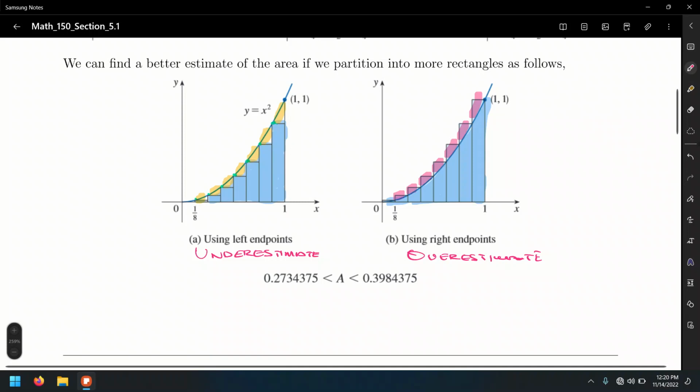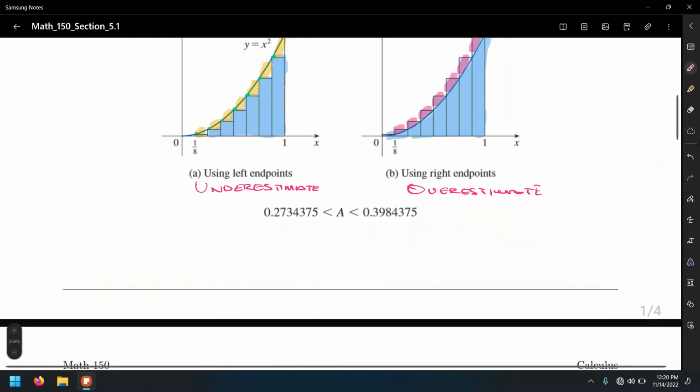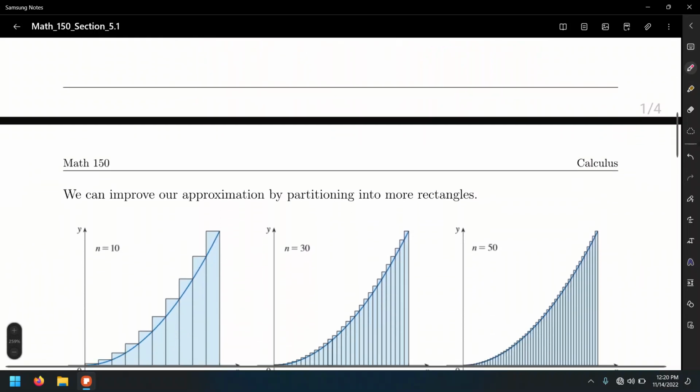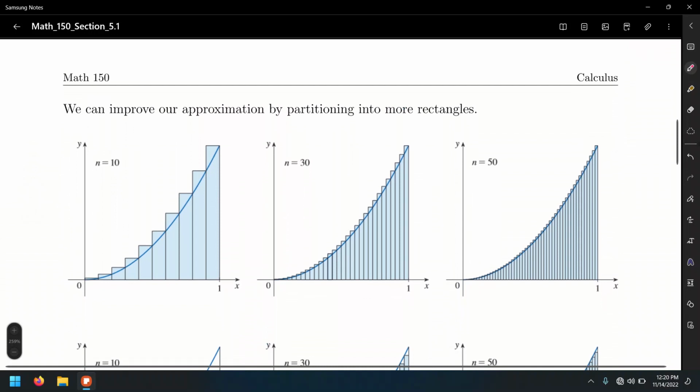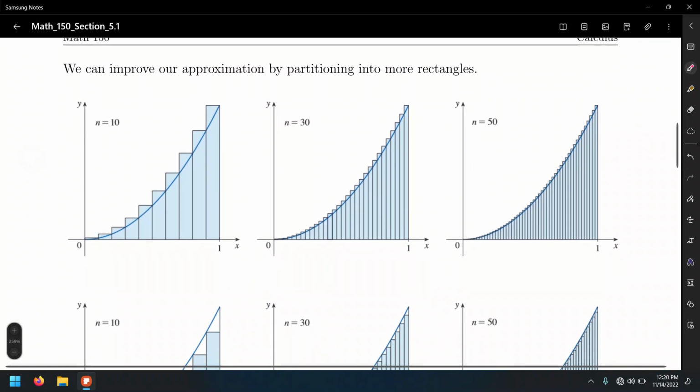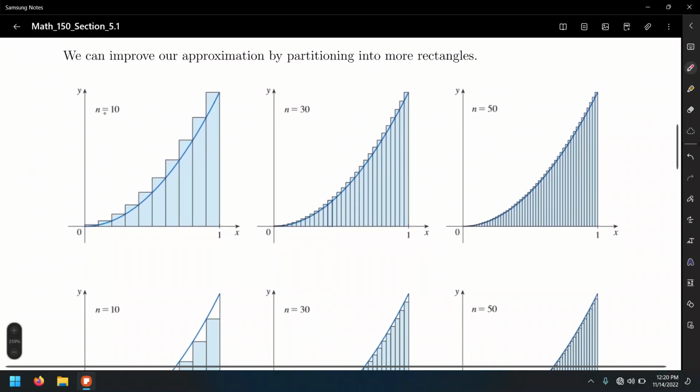So, what's the intuitive idea about partitioning and improving the value of the area? Are you guys following me up to this point? All right. Can we make a better estimate? That's the question, and of course we can. What if instead we partition our region using 10 rectangles, 30 rectangles, 50 rectangles?